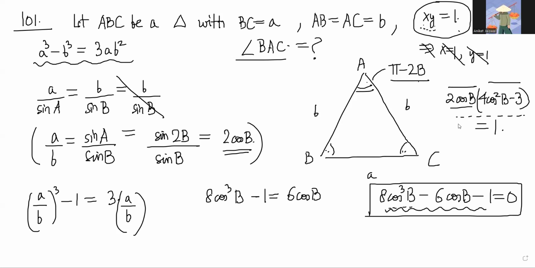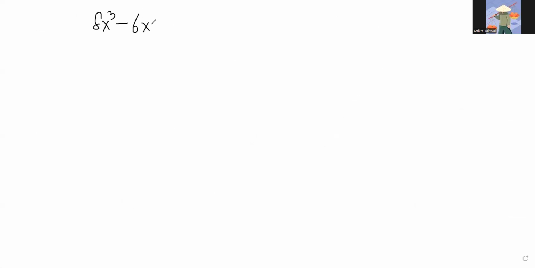You can't solve it like that. Do you understand what I'm saying? You have to solve it in a proper way. It's a cubic. You have to guess a root. You have to guess some root.